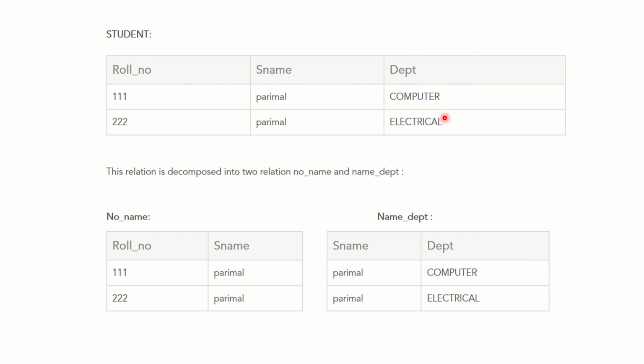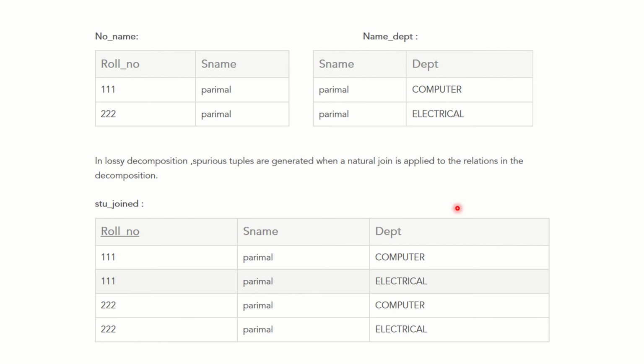Suppose this is the original table. Suppose we are dividing it like this. If you try to find out the natural join, we take the first row of this table, 1 Pariman computer, then 1 Pariman electrical. If you take the second row, 222 Pariman computer, 222 Pariman electrical.